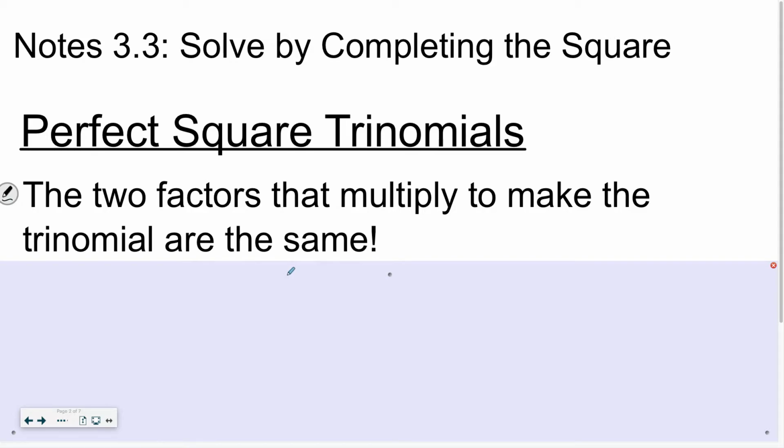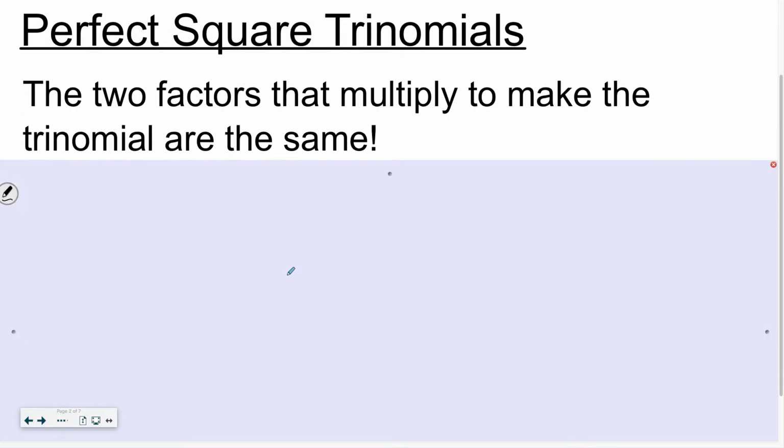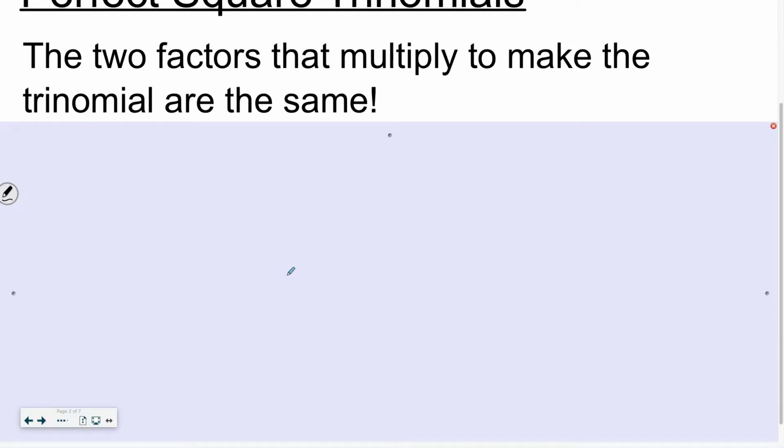They are trinomials whose two factors are exactly the same. So the definition of a perfect square just doesn't change just because it's a trinomial.